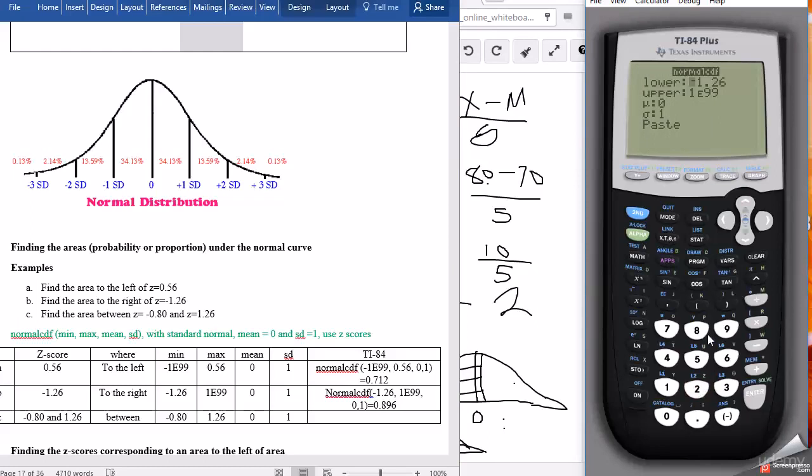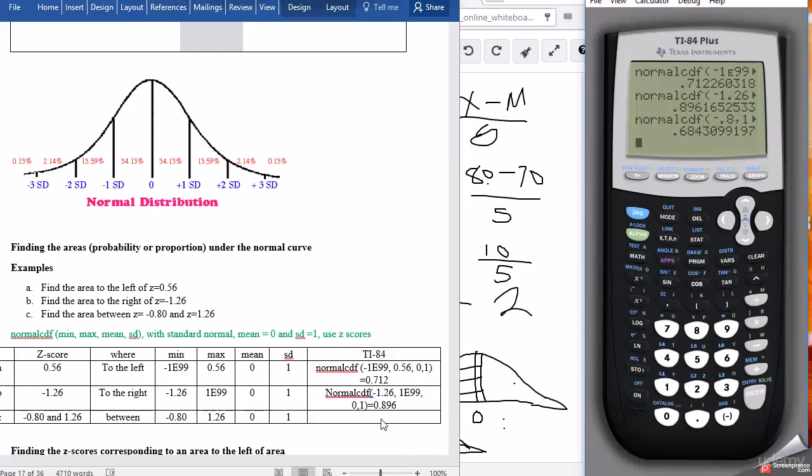The lower is -0.8, and then the upper or maximum is 1.26, and then we enter and paste.